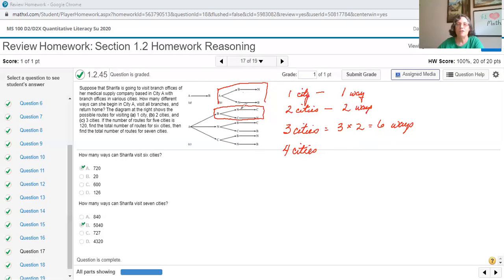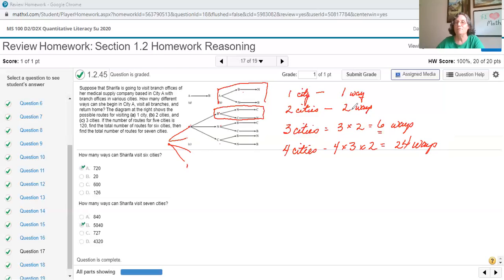Just as this branch comes off of each of these 3, if this was one of 4, so if she was going first here, and then here, and then here, and then here, and each of these would have these 6 ways, then she would have 4 ways to do 6 ways, and that ends up as 4 times 3 times 2, which is actually 24 ways.